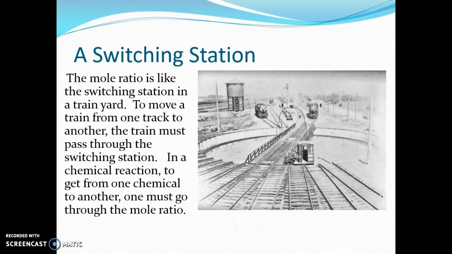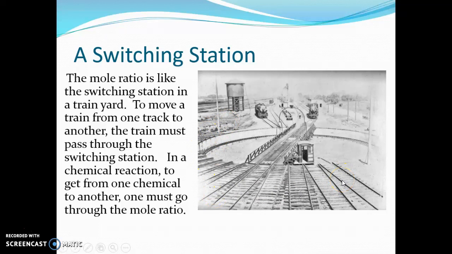So I like to compare the mole ratio to the switching station in a train yard. You guys ever play with trains when you were little? This thing is the switching station. When a train gets on this switching station, the station itself rotates and lets the train go down any number of tracks. It's kind of what a mole ratio is.